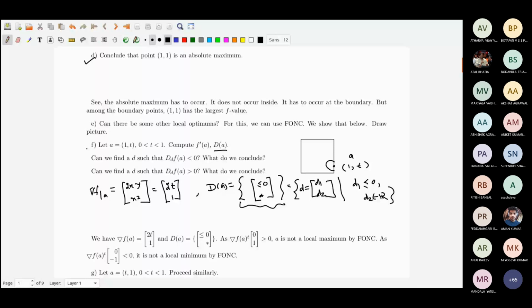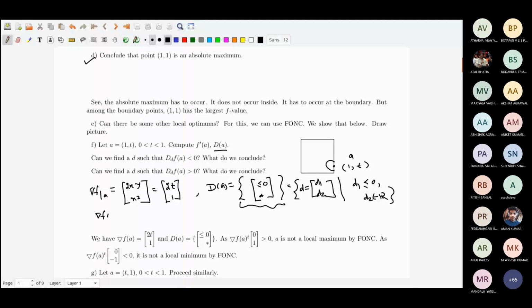And what does the first order necessary condition say? It says if this point is a point of local minimum, then grad f(A) transpose d should never be negative.